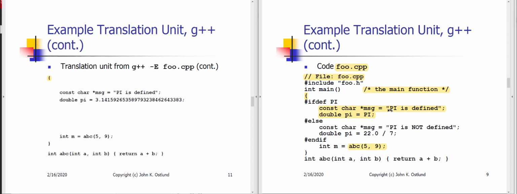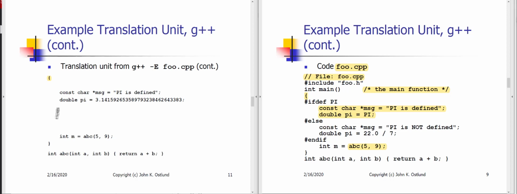This occurrence of pi in the string pi is defined, that pi is not a token because the entire string is treated as a token. And that entire string just happens to have the 2 characters, capital P, capital I, within the string. Now, nothing gets passed through to the translation unit for pound else and the 2 lines following pound else and pound endif.